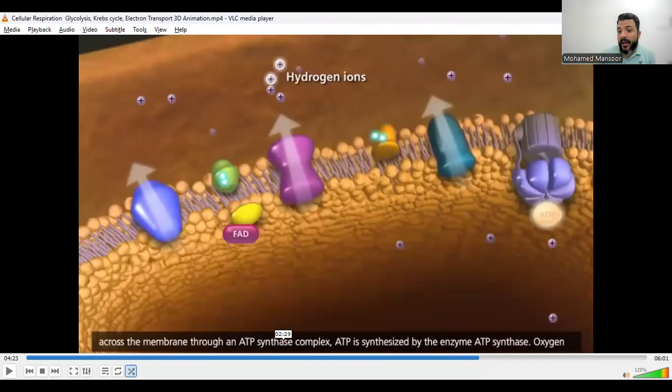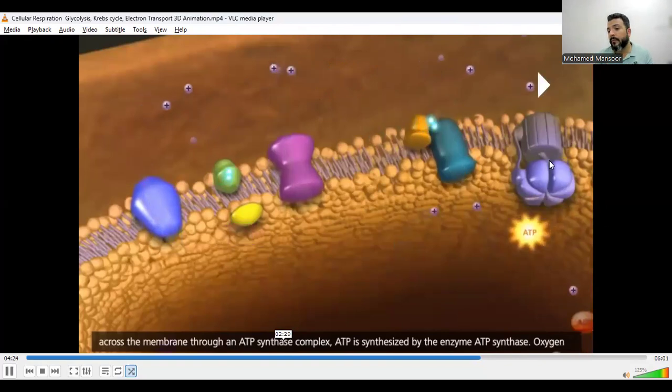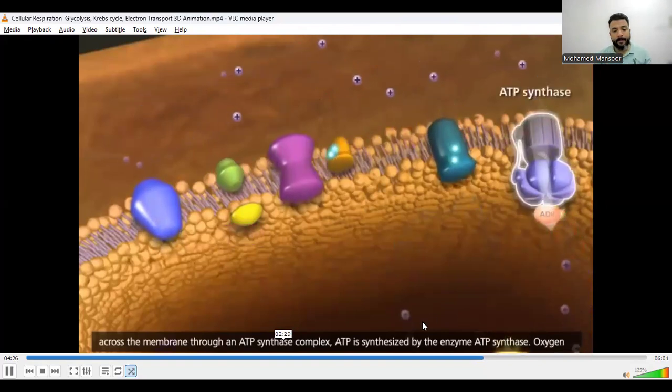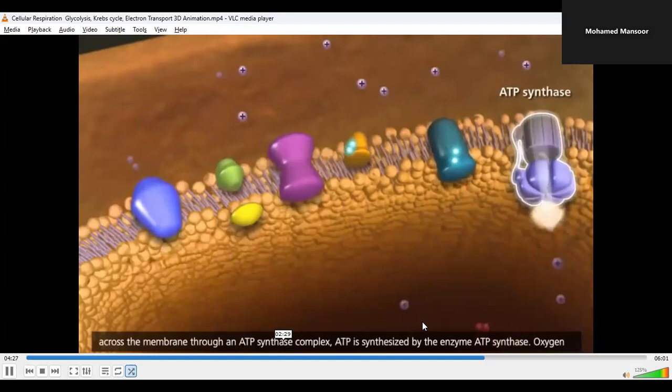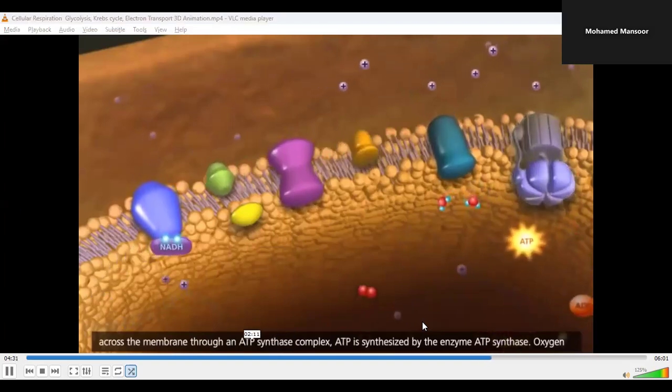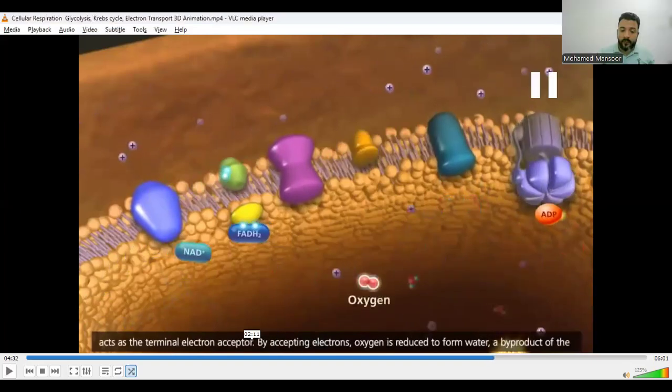But on the way I will put my turbine, that will use the movement of hydrogen ions to make ATP. The ions move through the membrane via an ATP synthase complex, and ATP is synthesized by the enzyme ATP synthase. Oxygen acts at the end. Clear?